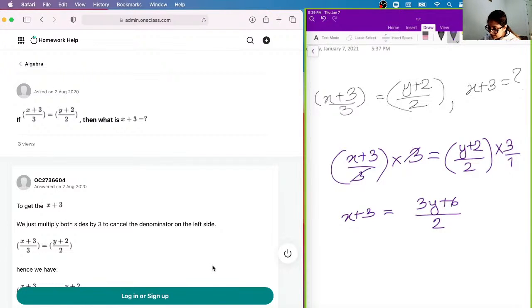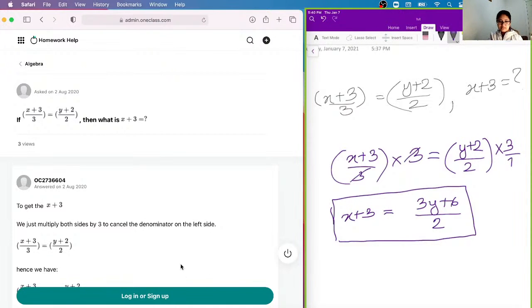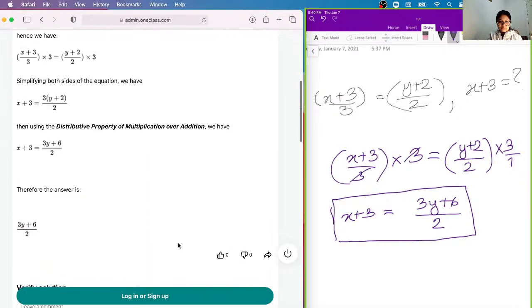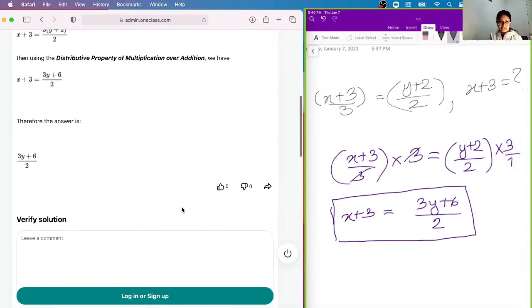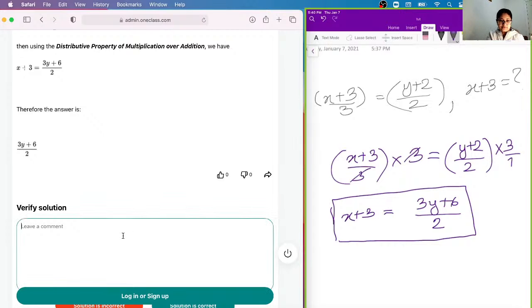And so therefore, this is your answer: x plus 3 is equal to 3y plus 6 over 2. So we use the distributive property of multiplication over addition, so this is correct.